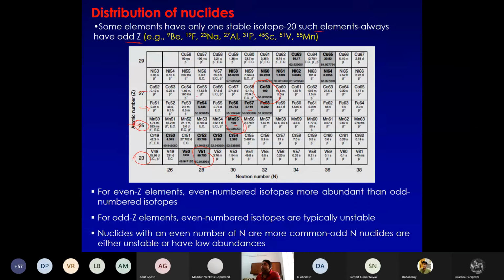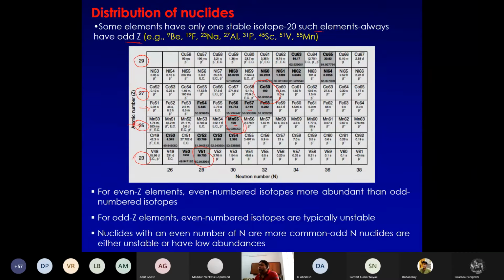Another example is cobalt: odd atomic number, again a single isotope, but that has an odd mass number. Take another one, copper, atomic number 29, again odd. Only two isotopes are stable, and both of them have odd mass numbers, 63 and 65.